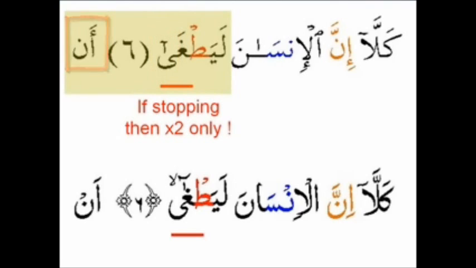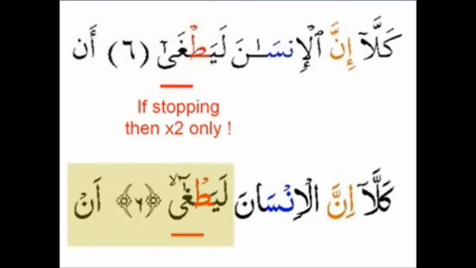Now if you are carrying on, then the gha can be read as 4 long, okay, i.e. you're not stopping. However, if you stop, you must read the alif maksura as 2 long, as you would normally. Okay, so you effectively just ignore the madda sign. So that would be la yatgha.